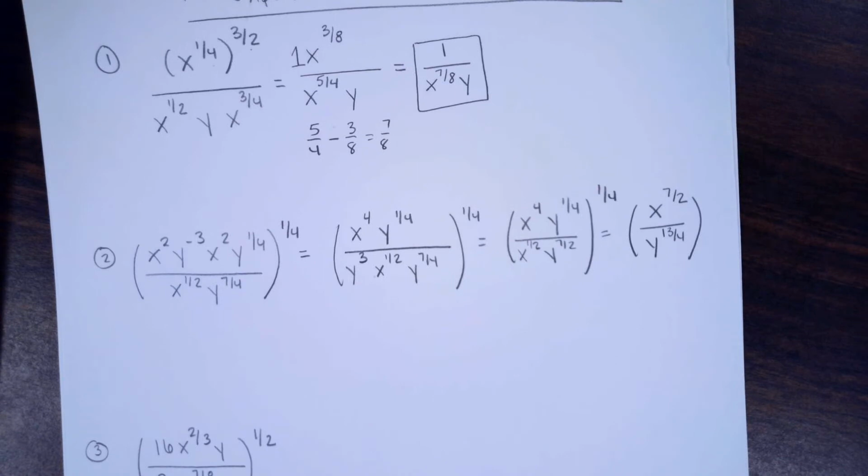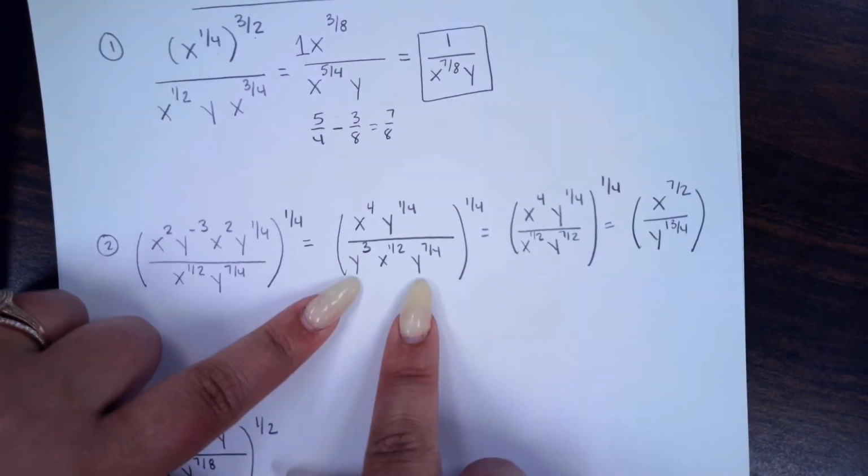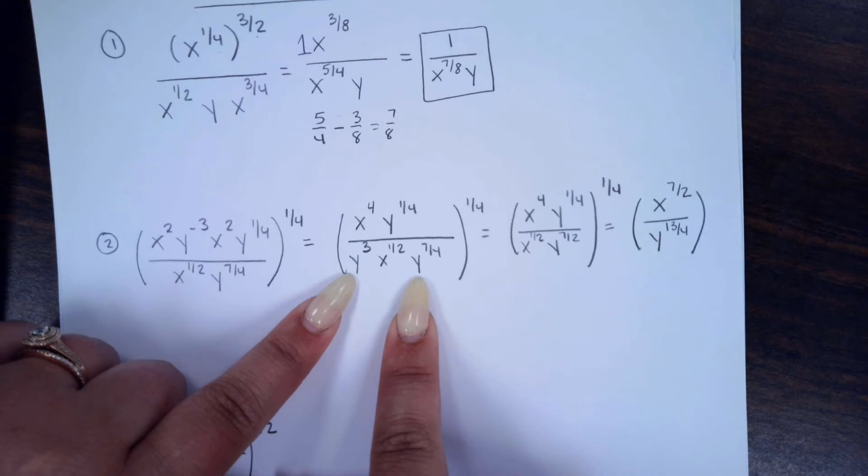I don't agree with something in my key. Let me figure it out quickly. Oh, here it is. Y to the 3rd times y to the 7/4.